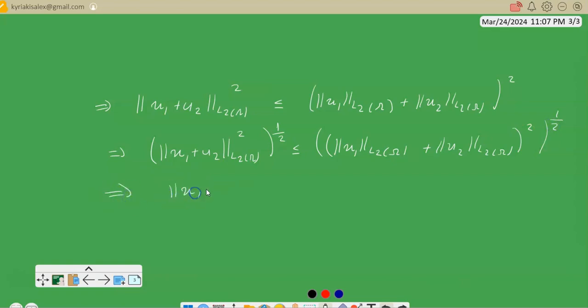From here we have the norm of U1 plus U2 in L2 bounded by the norm of U1 in L2 plus the norm of U2 in L2.